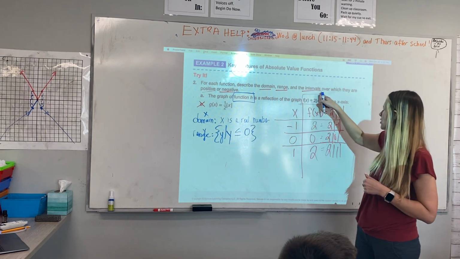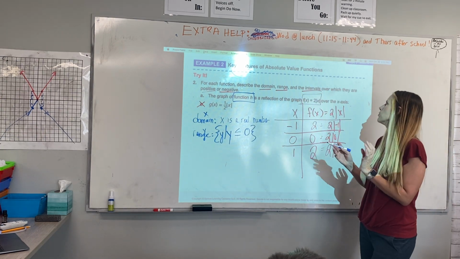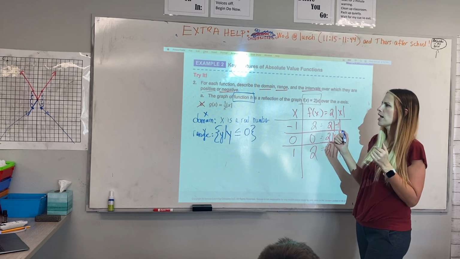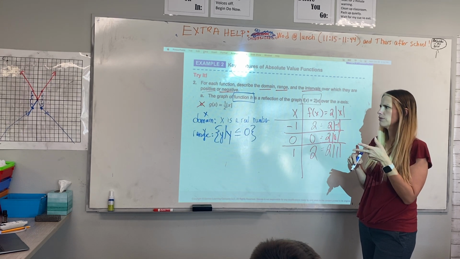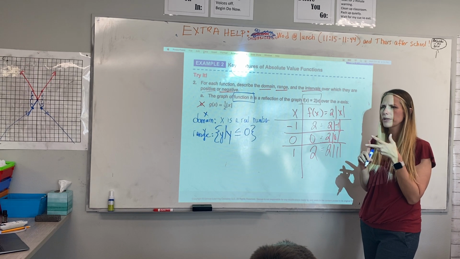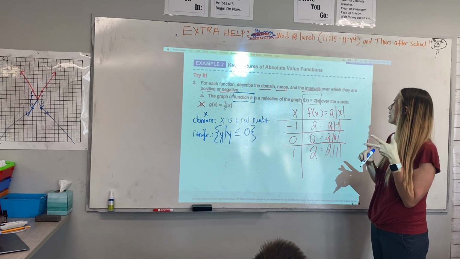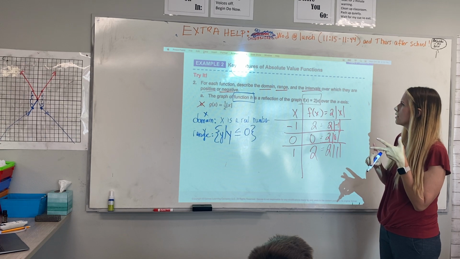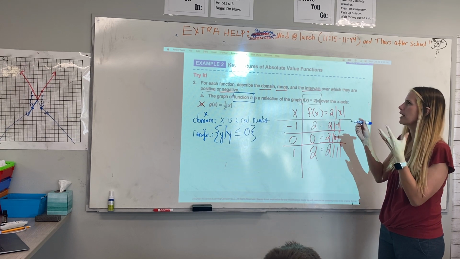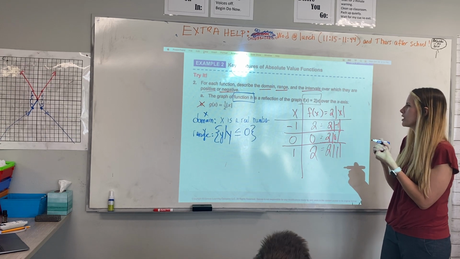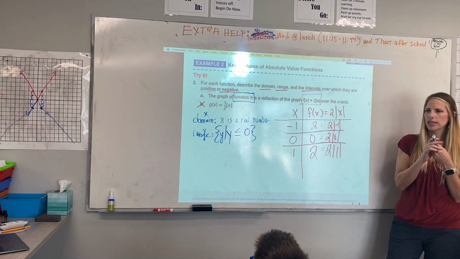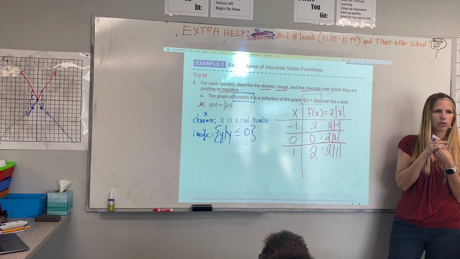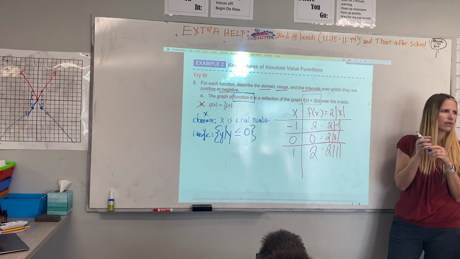All right, next we have the intervals over which they are positive or negative. Well, first of all, what are we looking at? What do they mean when I say the intervals over which the function is positive or negative?